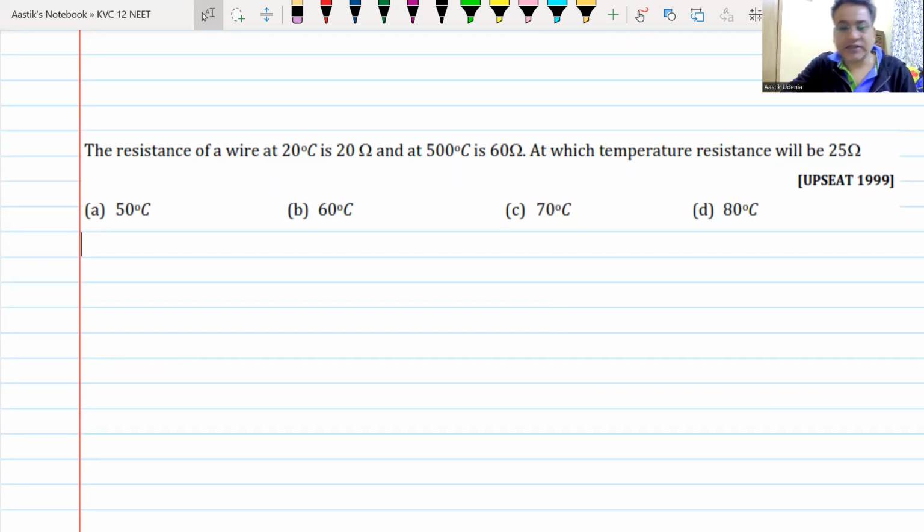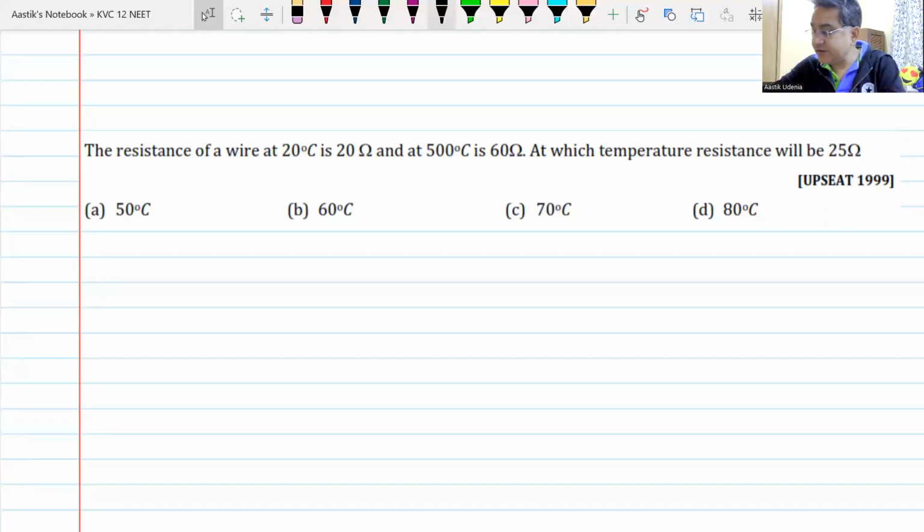At what temperature will the resistance be 25 ohms? Tell me this one. I'll give you 2 minutes to solve this.